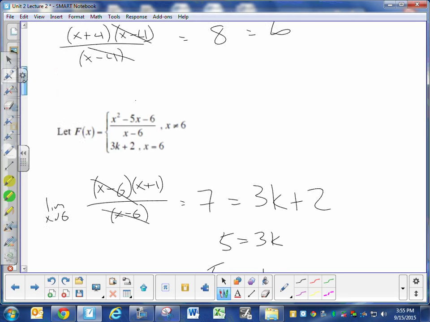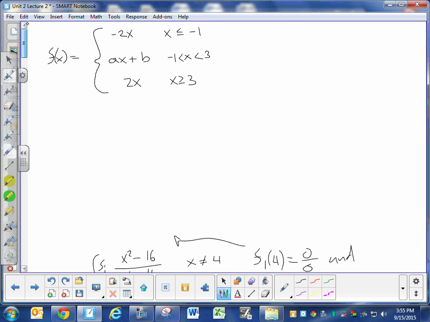All right. I'll set up this one up here, the system. The key is the top needs to meet the middle at -1. Now when I plug -1 into the top, I get 2 is equal to -a plus b.